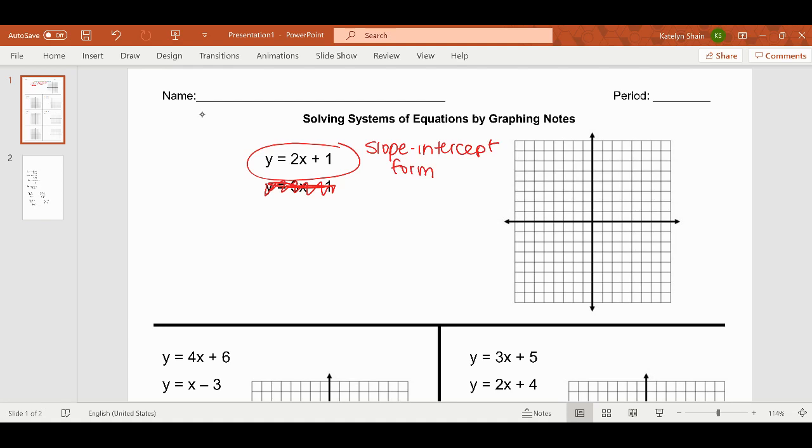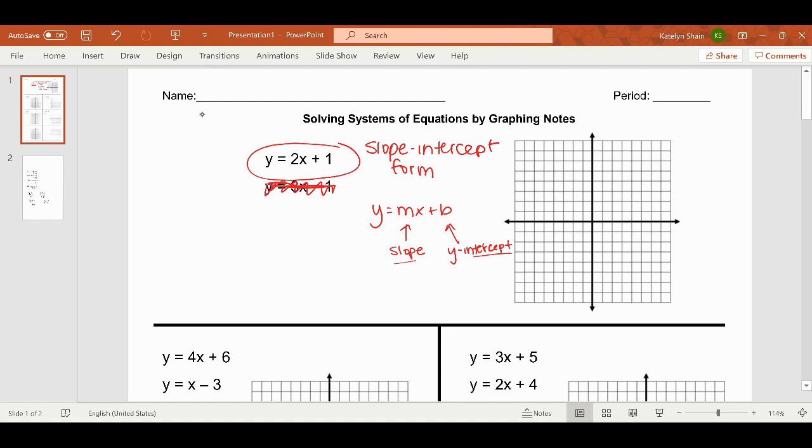It's called that because when we have y equals mx plus b, m is a number that can change, and that's the slope, and b is the number that will change, and that's the y-intercept. So that's why this is called the slope-intercept form.